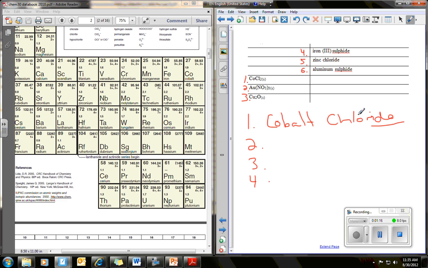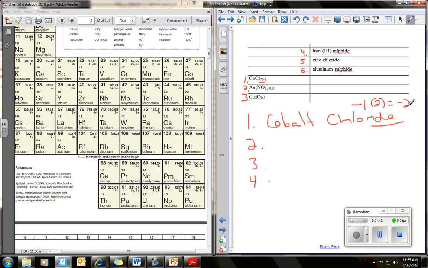You know that this one is -1, and there are 2 atoms of chloride. So you need to figure out which charge you actually used for cobalt. Did you use the 2 plus or the 3 plus? You have 2 atoms, so 2 times -1 is -2.